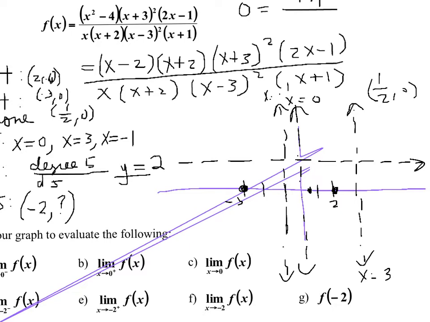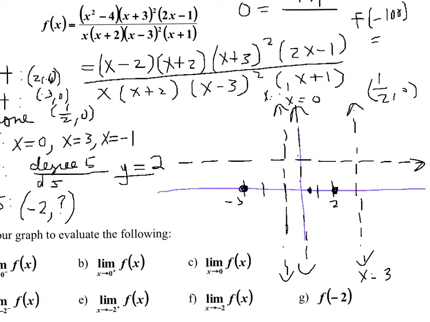There it is, I've got it all labeled there too: y equals 2. And there's a hole at -2, but I'm going to deal with that later. Now I just need to start this graph. I always want to start left to right, so I'm going to find f of -100-ish, and all I really care about is if it's positive or negative. We need to clean up a little bit here, so I'm going to pause.